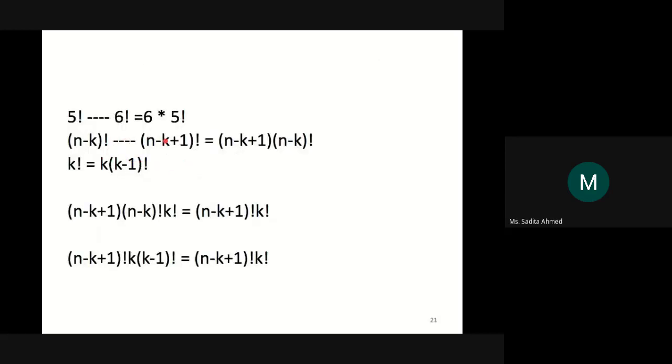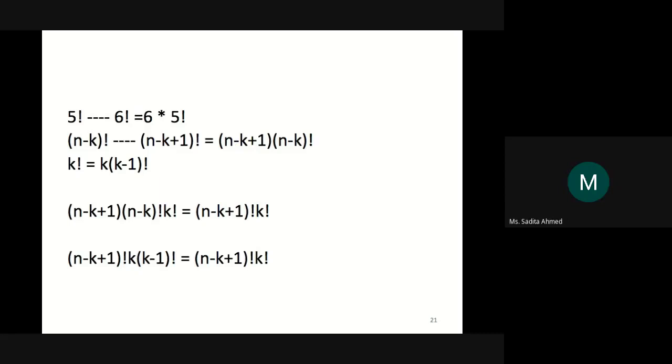In order to do that, first, let's see what is n minus k plus 1 factorial. If we expand n minus k plus 1 factorial, what do we get? We get n minus k plus 1 multiplied with n minus k, then n minus k minus 1, then n minus k minus 2, n minus k minus 3, and so on, right? So basically, if you bring out the term n minus k plus 1, the rest of it, what is it? n minus k factorial.